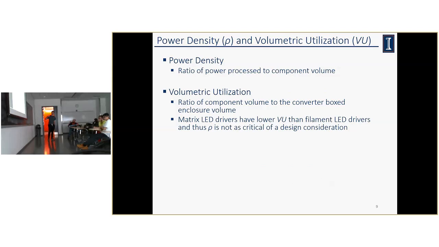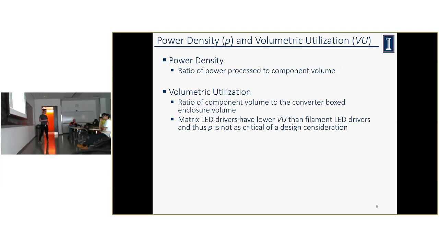Okay, so here's power density and volumetric utilization. Power density is just the ratio of power processed to component volume. But then we had another metric that we made up. It's a ratio of component volume to the converter boxed enclosure volume.